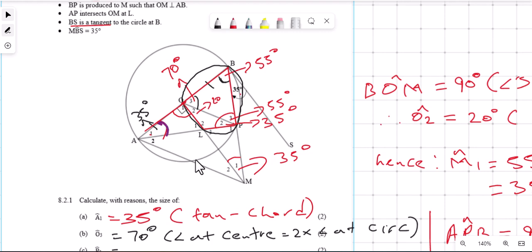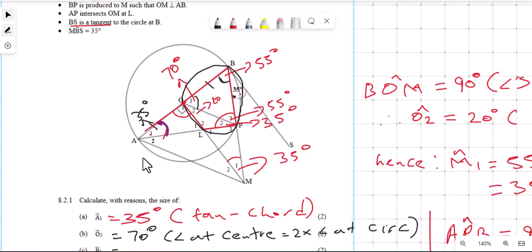We can talk about angle O2, O3 and O2, and then the whole of angle P. You see the 55 and the 35.